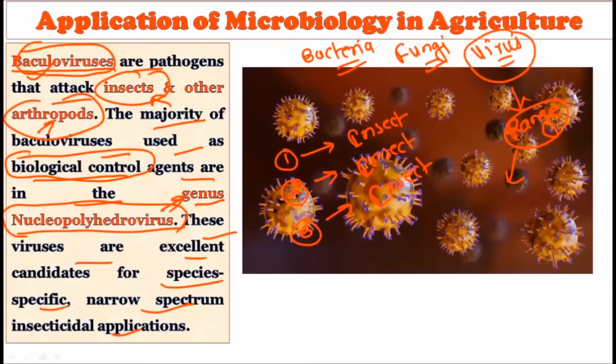To control insect pests by biocontrol, we can use the bacteria Bacillus thuringiensis, the fungus Trichoderma, or the viruses, that is the baculoviruses, to control the insects or the arthropods. Now see some more details on the baculoviruses.